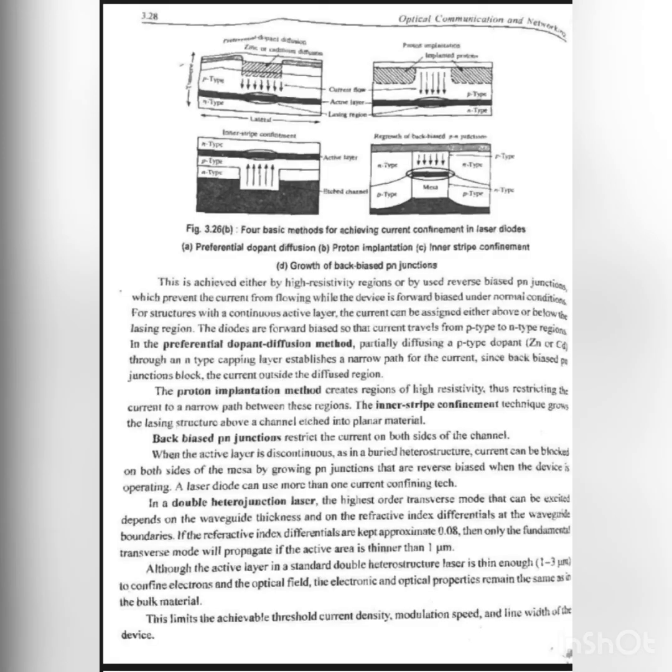Next there is the preferential dopant diffusion method. Here we diffuse a p-type dopant through an n-type layer, which establishes a narrow path for current flow. Next is the proton implantation method, which creates a region with high resistivity, so the current is restricted to a narrow path between these regions. Next is the inner strip confinement technique, where there is a lasing structure above the etched channel.